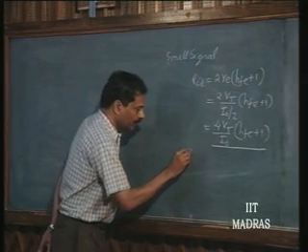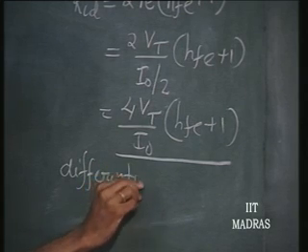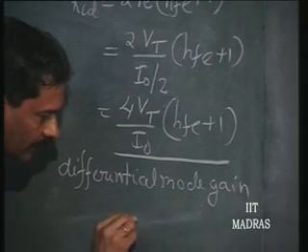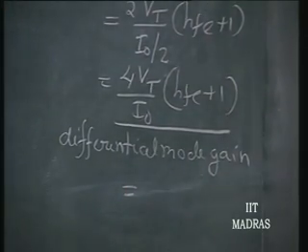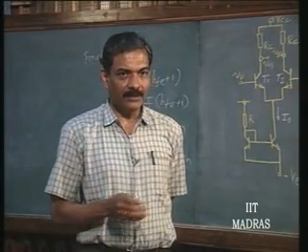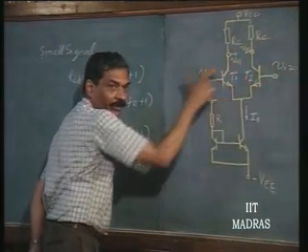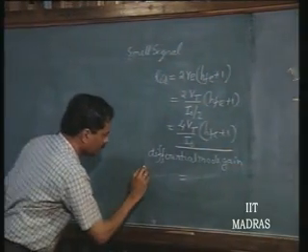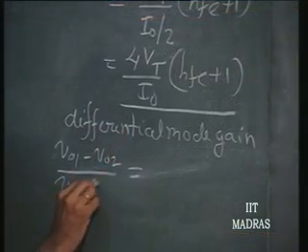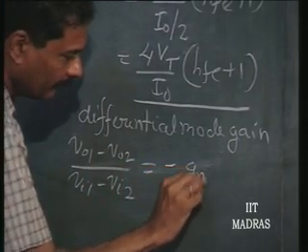Then we have the differential mode gain, which, as we have seen last time, is nothing but GM into RC. This is differential mode output to differential mode input, which is strictly speaking (V naught 1 minus V naught 2) by (V I 1 minus V I 2), and it is going to be equal to minus GM into RC.